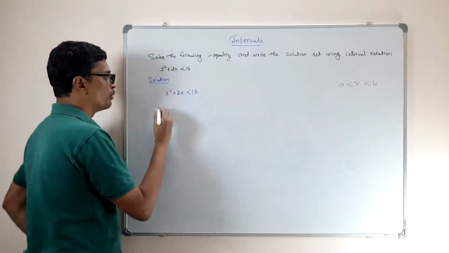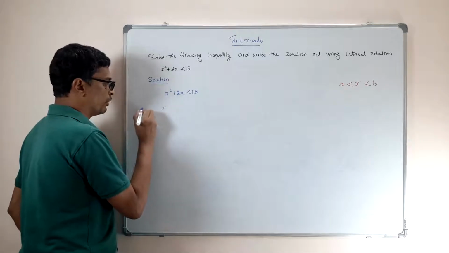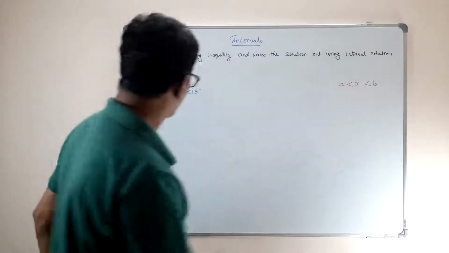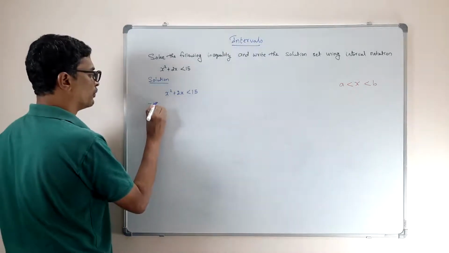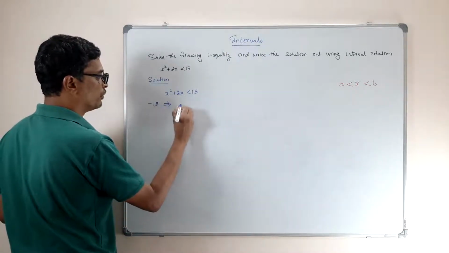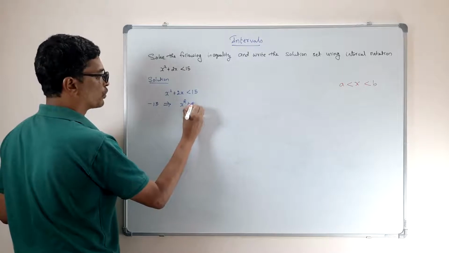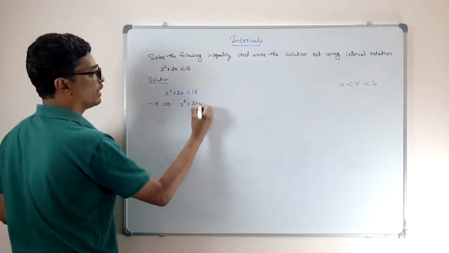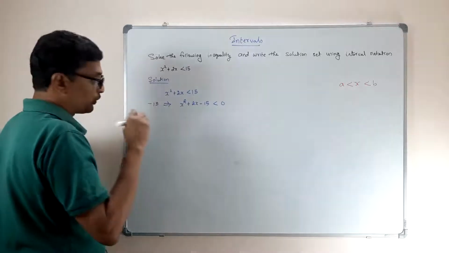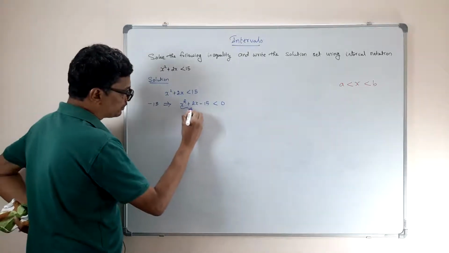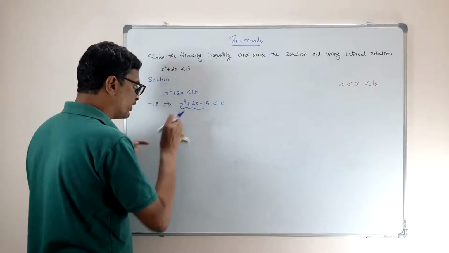So what you have to do is subtract 15 on both sides. This will give you x square plus 2x minus 15, less than 0. The sign will remain as it is. Now this is quadratic, so you can factorize it.